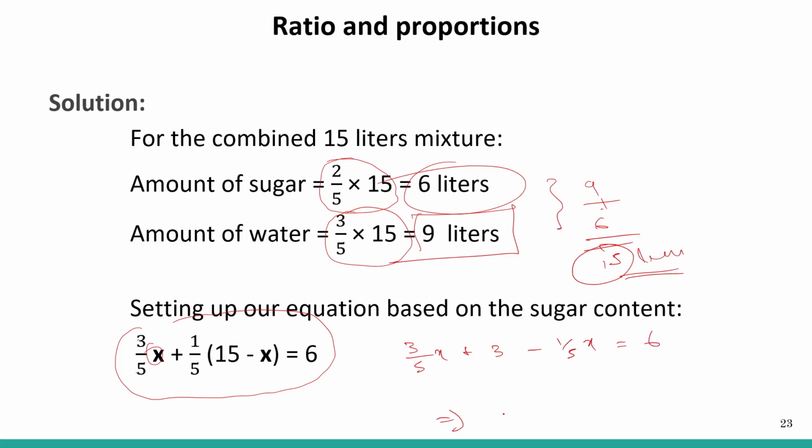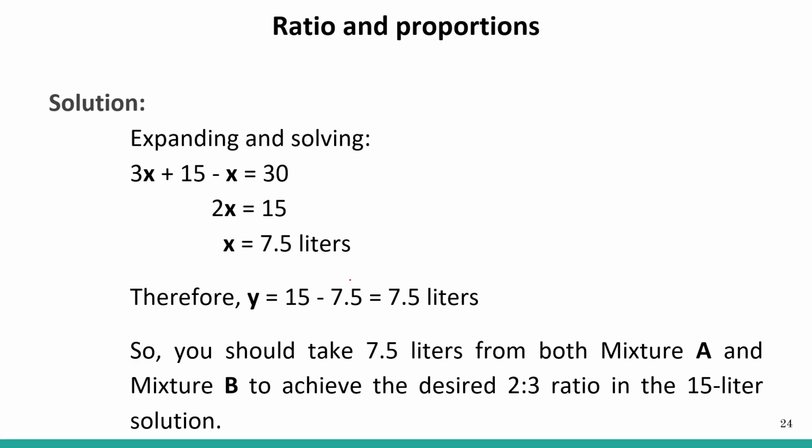So this becomes 2/5x is equal to 6 minus 3, which is 3. So this implies that x is equal to 15/2, that is 7.5. So 7.5 liters is the amount of x, and 15 minus x is also 7.5 liters. So you should take 7.5 liters from both mixture A and mixture B to achieve the desired 2:3 ratio in the 15 liter solution.